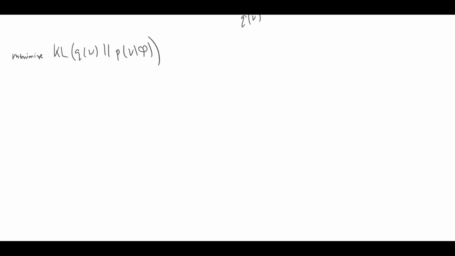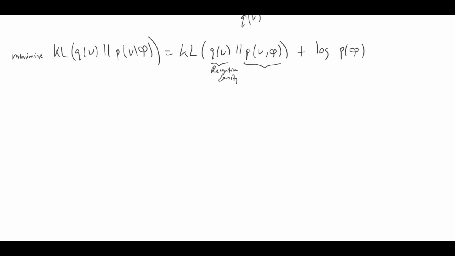And it turns out that this measure can be broken down into this plus the log probability of phi. And this is the KL divergence between Q of nu, which we're coming up with, which we're calling the recognition density in the context of the free energy framework, and this joint distribution of nu and the sensory states phi, which is known as the generative density, because it relates how phi is generated by nu and the probability of nu itself.